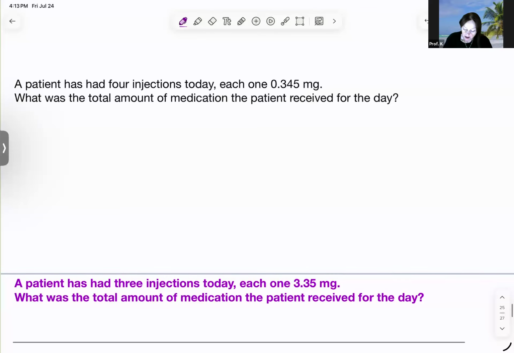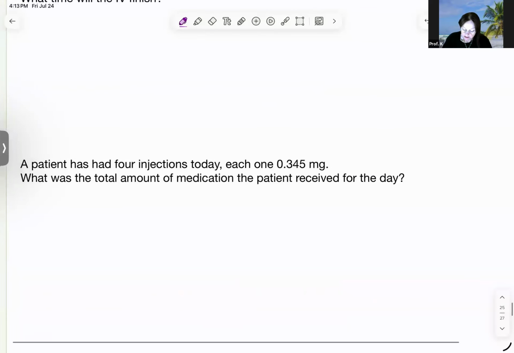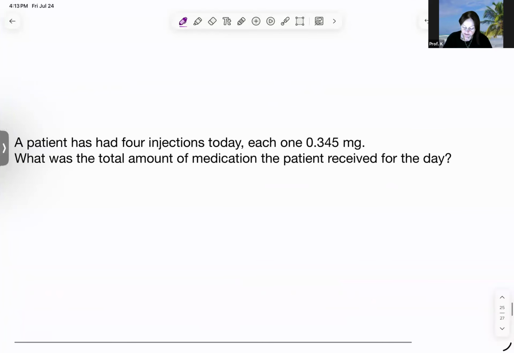All right. Tell me what the answer to this question is. And I'll be able to identify all of my overthinkers immediately.